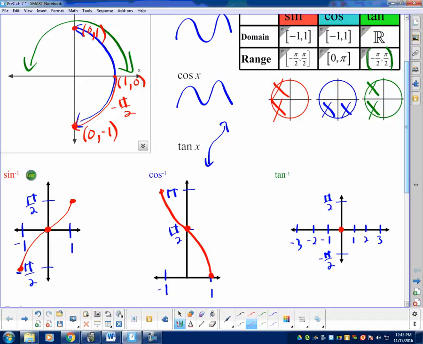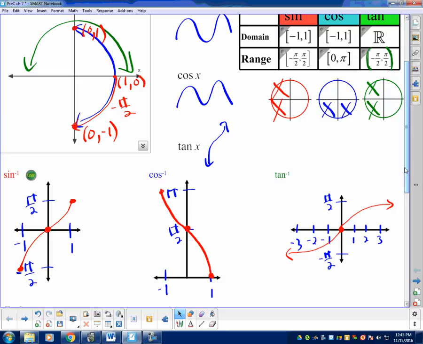And then as x gets bigger and bigger and bigger, I'm going to get closer and closer and closer to pi over 2. So it's going to curve like this. And then as x gets smaller and smaller and smaller, it's going to get closer and closer to negative pi over 2. So yeah, it's just knocked on its side, so it's been turned.